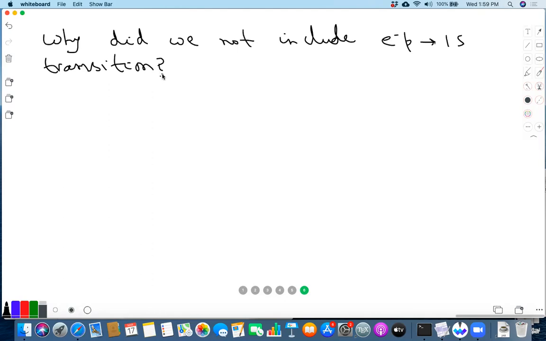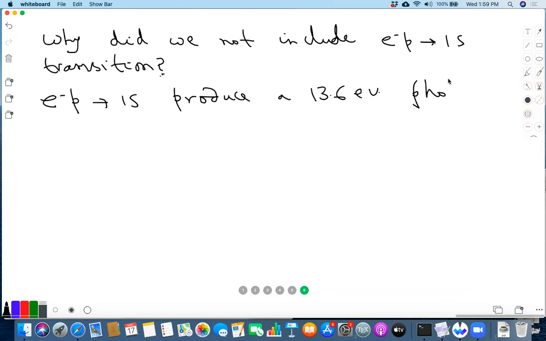We had explained this last time, but let me do it again. Basically, if you take e minus p to 1s, this will produce a 13.6 electron volt photon, which will basically dominate the spectrum of photons at this energy.